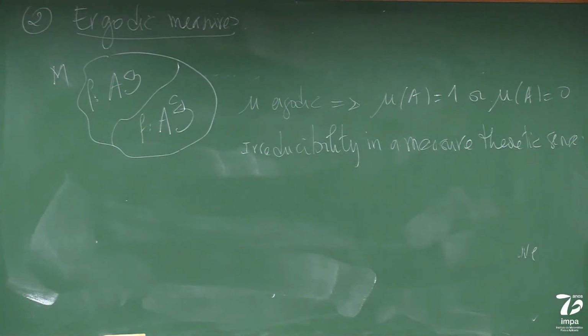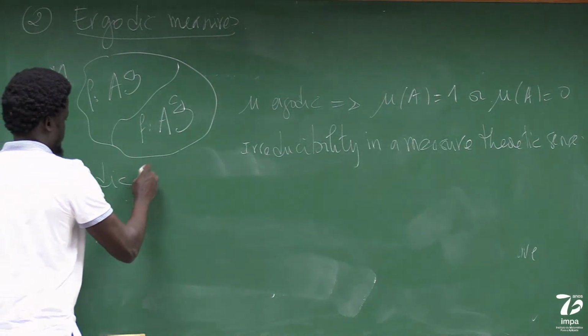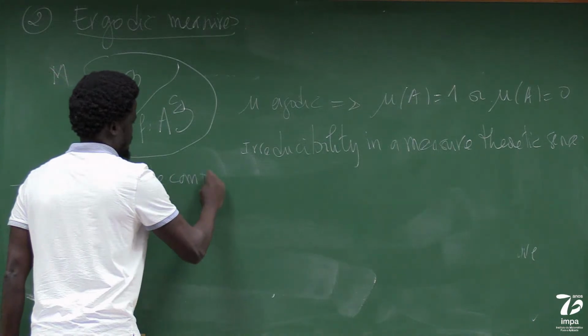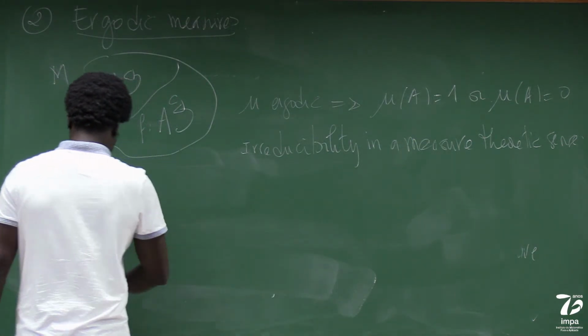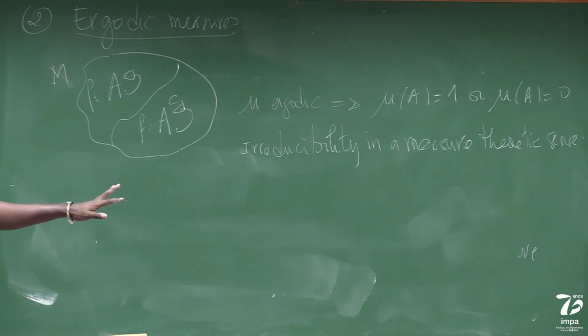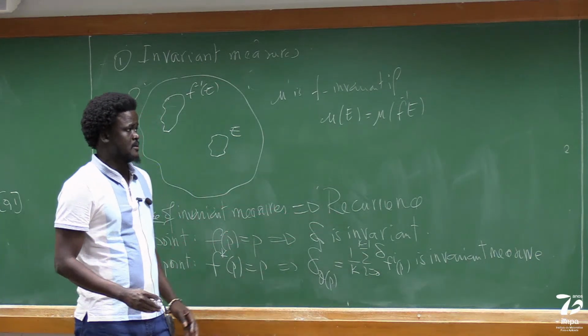We will also see ergodic decomposition. Oh, by the way, before I go to ergodic decomposition, once you have ergodicity, because I said here invariance, it gives you, first of all, recurrence, which is something very nice to have.